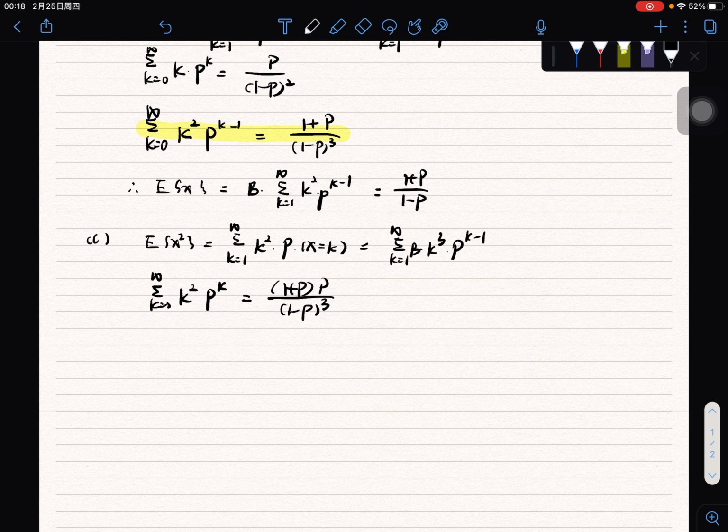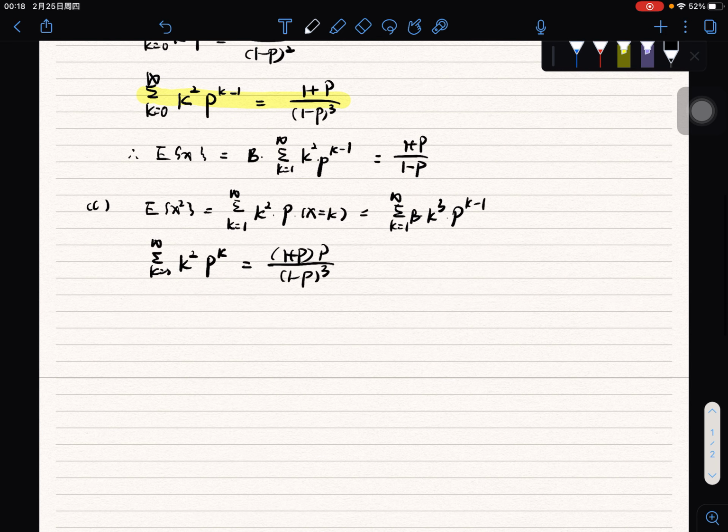And then we take differentiation with respect to p, we will get that (p squared plus 4p plus 1) divided by (1 minus p) to the 4.